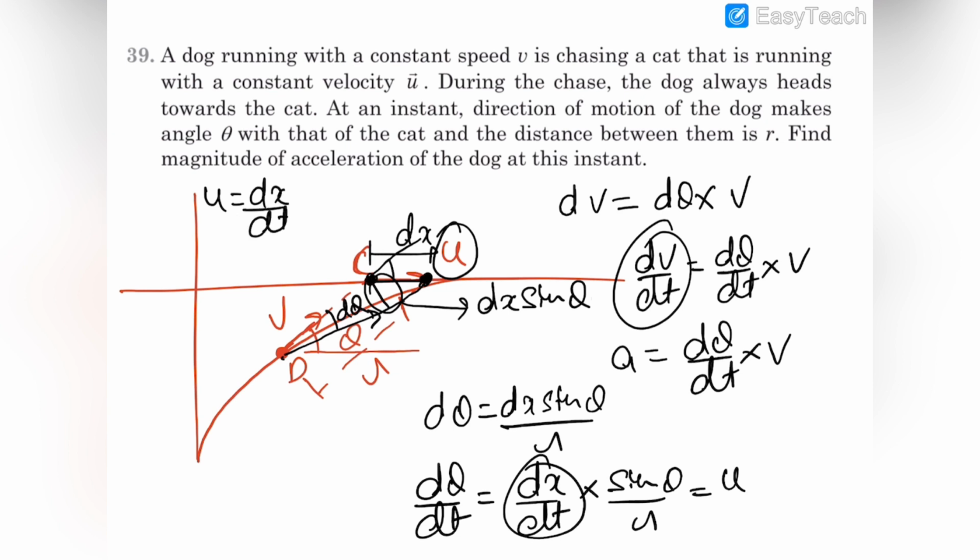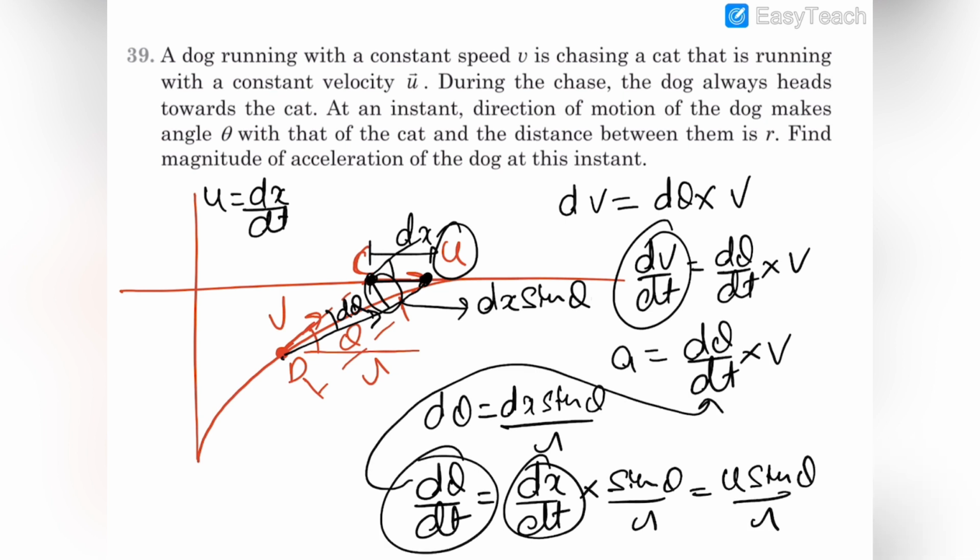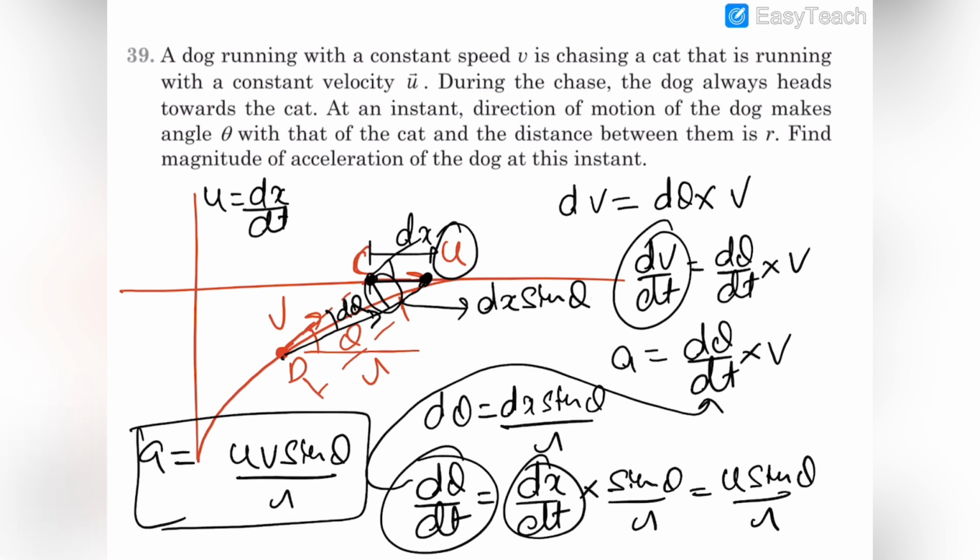So this is u sine theta by r. So let us substitute this value of d theta by dt here. So the final acceleration would be u v sine theta divided by r. So this is the final acceleration. Now let's move on to the next problem.